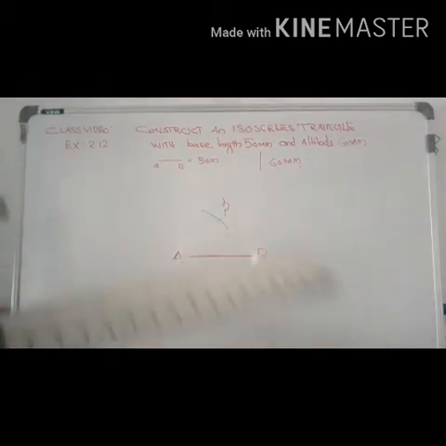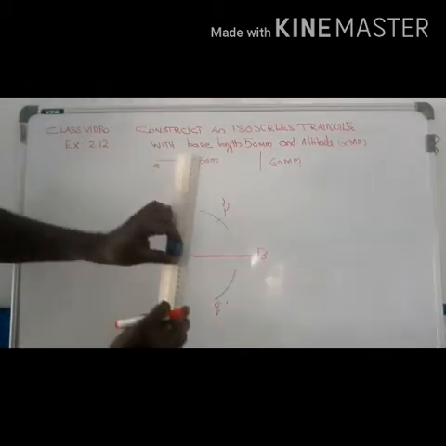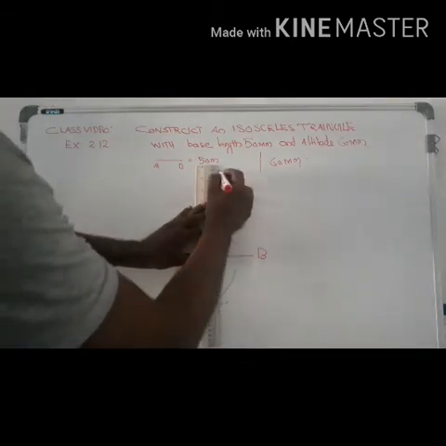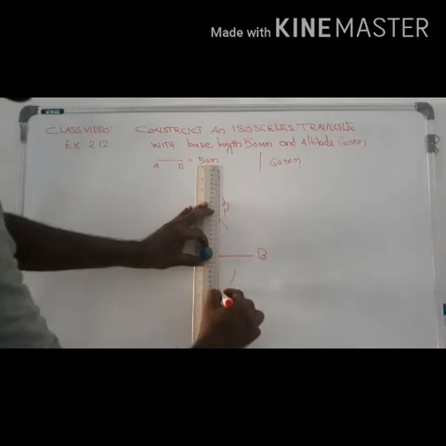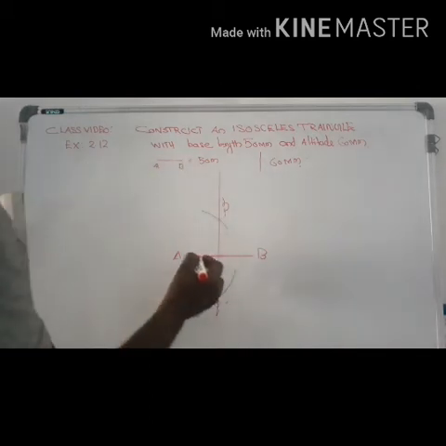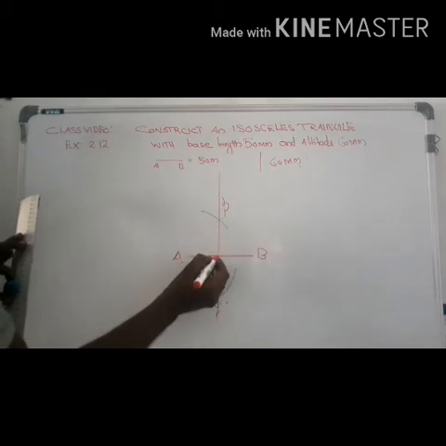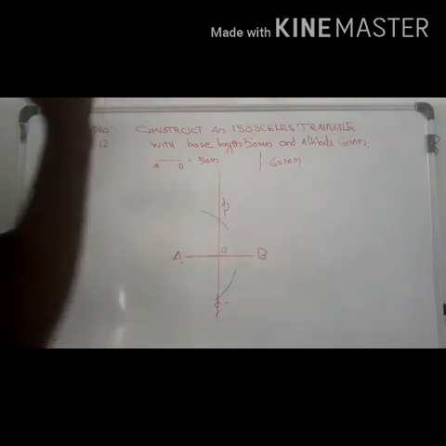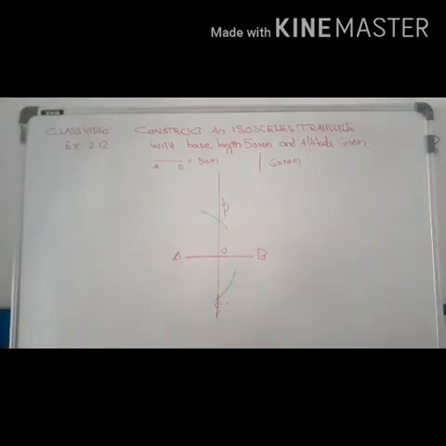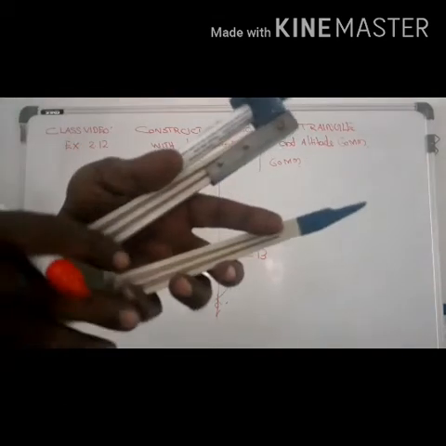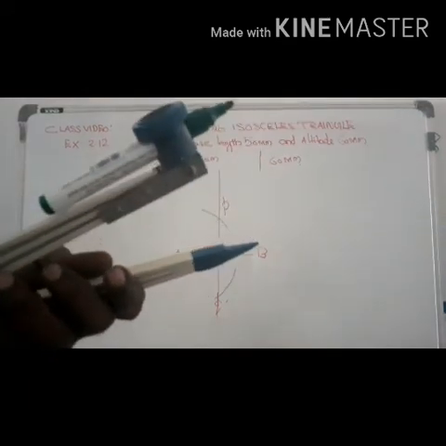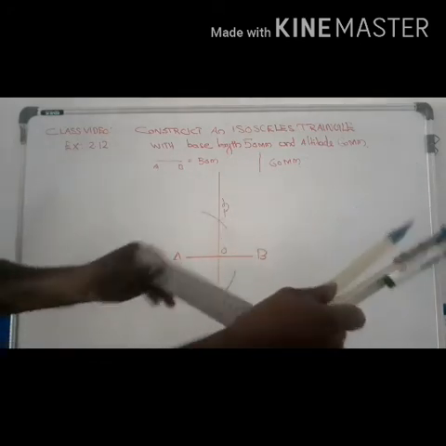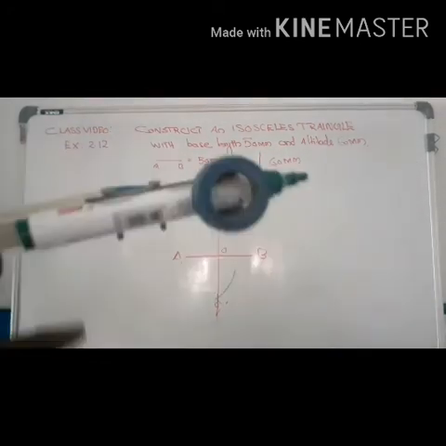Now connect these two points using a straight line with your scale. This is the bisector of line AB, and the point where it meets AB is called O. Now again take your compass and scale, and set a 60 mm radius in your compass.